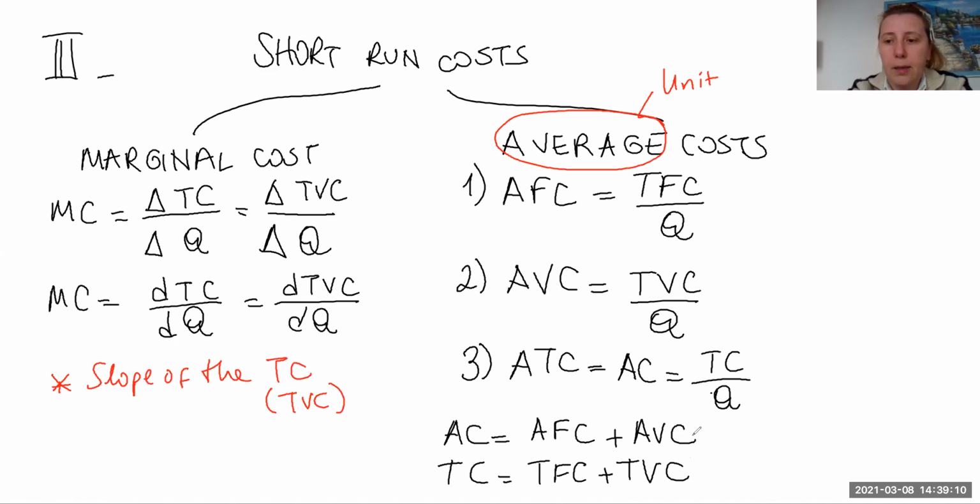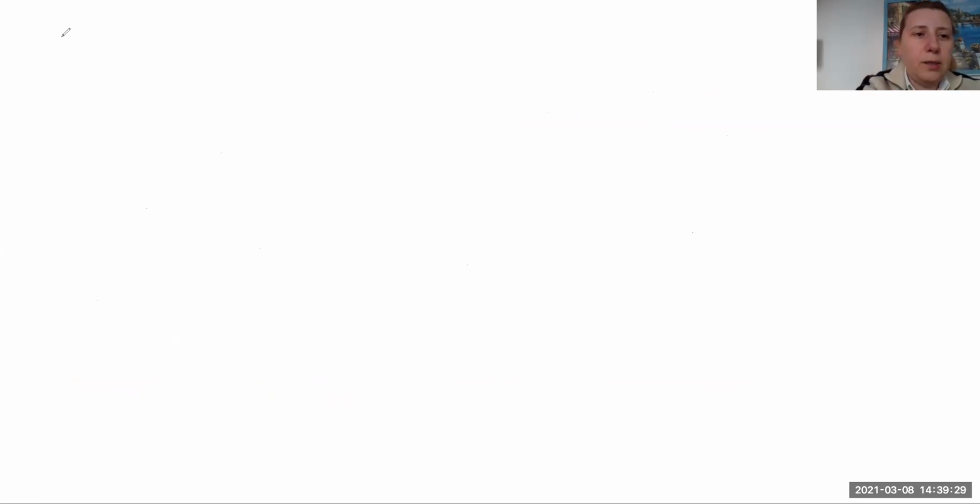Okay, now we will talk about the shapes of these cost functions. In the normal case, if the firm has a third degree production function in the short run, please remember the shape of the short run production function. It was a third degree function. Here the variable input and here the level of output.